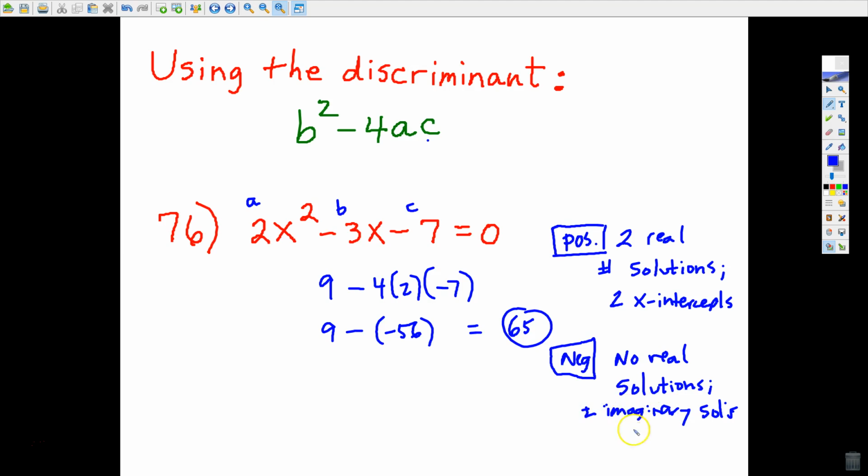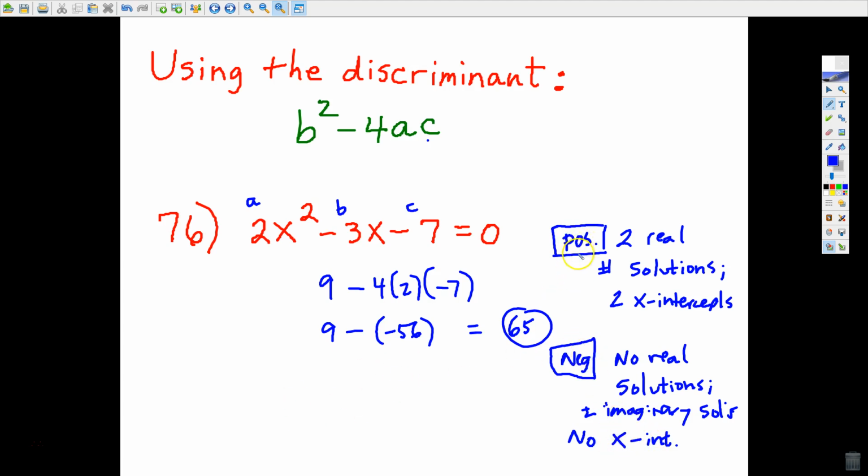Complex numbers involve the imaginary number i. But I'm just going to state it as two imaginary solutions, meaning the number underneath the radical is a negative, and when we try to take the square root of a negative number, that means it's got to be an imaginary number. So when we have two imaginary solutions, we have no x-intercepts. This particular parabola, if it did have a negative discriminant when it's graphed, would never cross the x-axis.